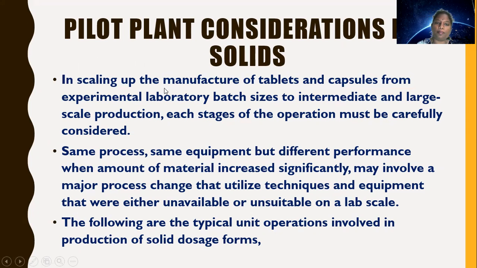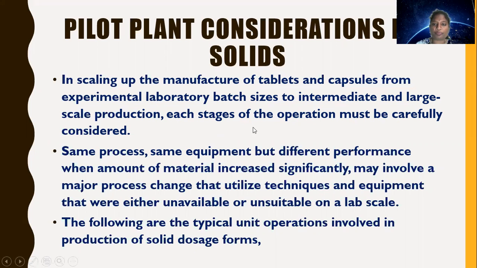So in scale up of manufacturing, the solids are mostly tablets, capsules, pellets, like that. In scaling up of manufacturing of the tablets and capsules from experimental laboratory batch size to intermediate and large scale of production, each stage of operation must be carefully considered.